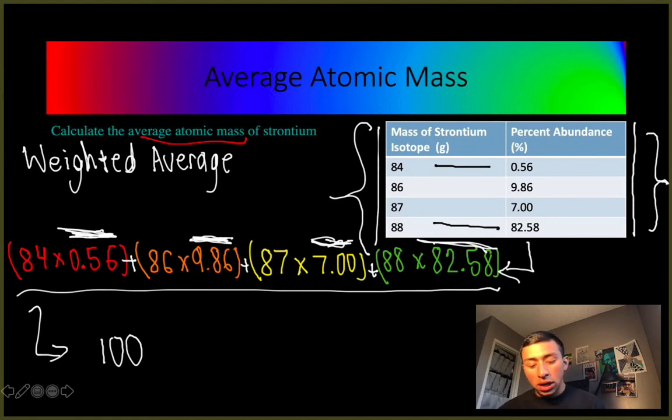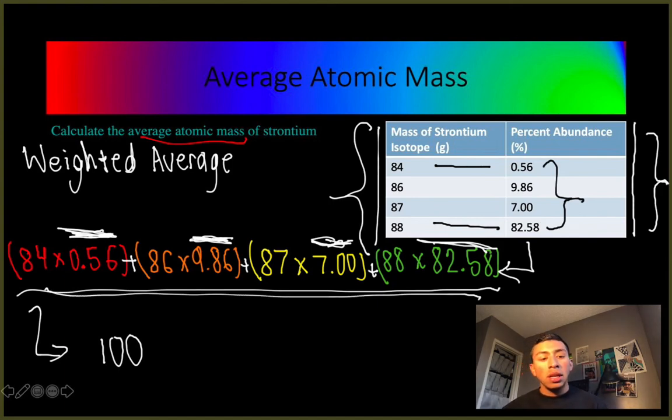However, if you don't want to insert them as percentages and you want to insert them as decimals, what you need to do first is divide each of these percent abundances by 100, and then insert them into this weighted average setup down here. The only discrepancy is that you would not be dividing by 100 in the end.